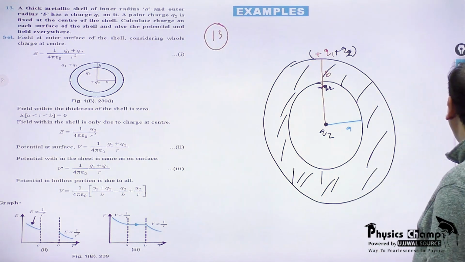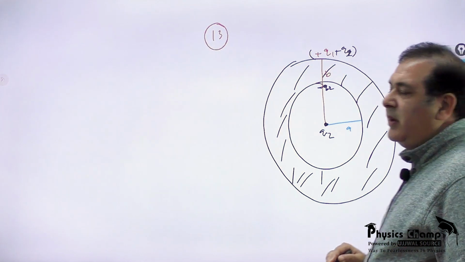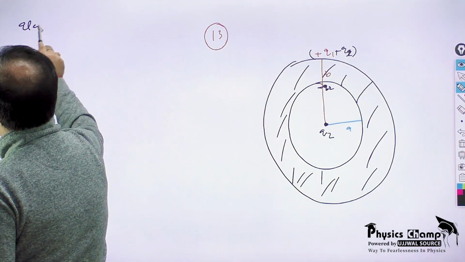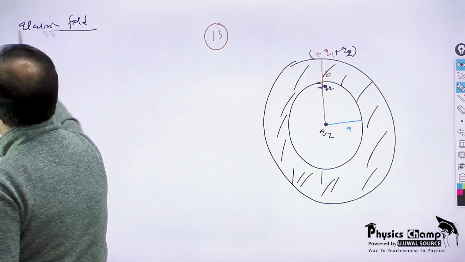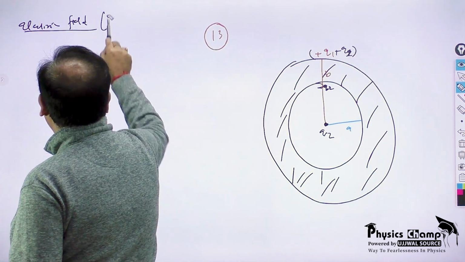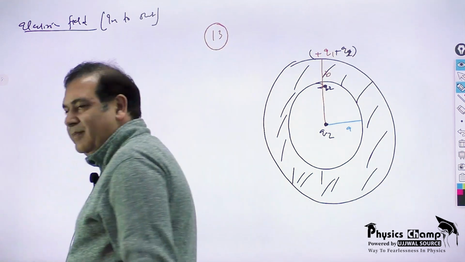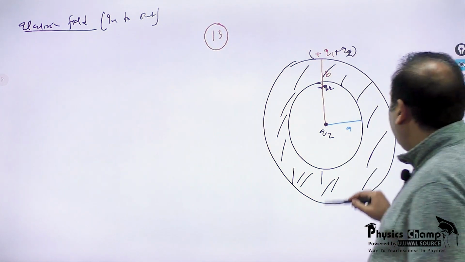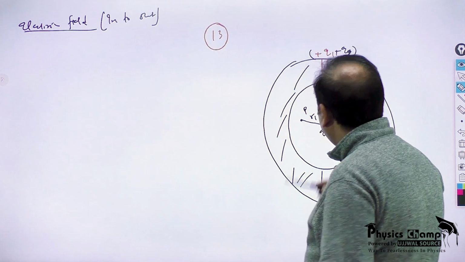Now when I am looking for everywhere, let me first find the electric field. For electric field, you will move from in to out. Say I have a point P here at a distance R1.